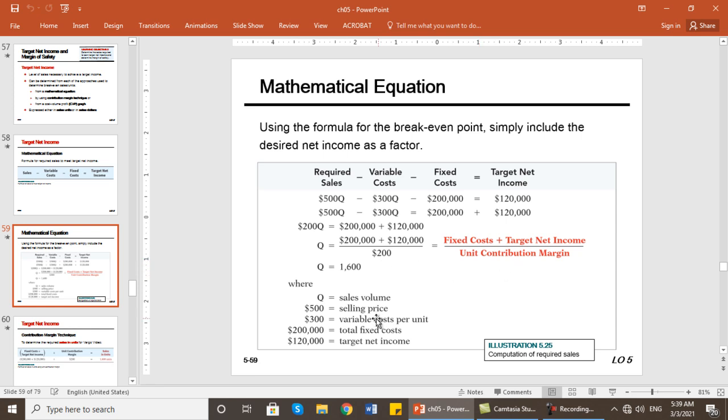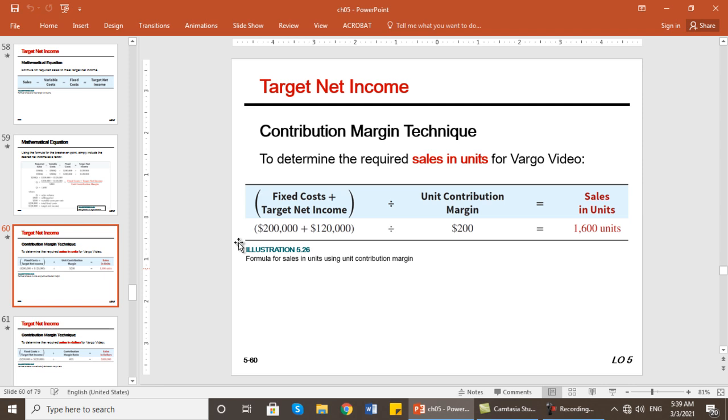Unit contribution margin is the difference between selling price and variable cost per unit, to determine the required sales in units.